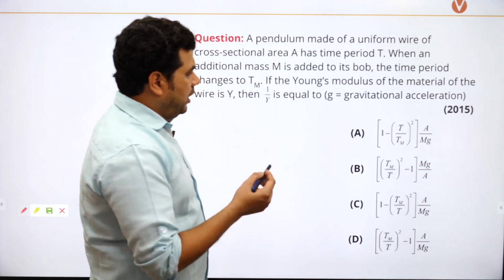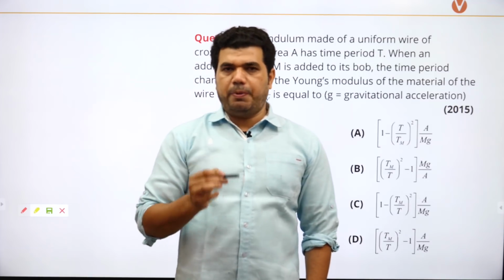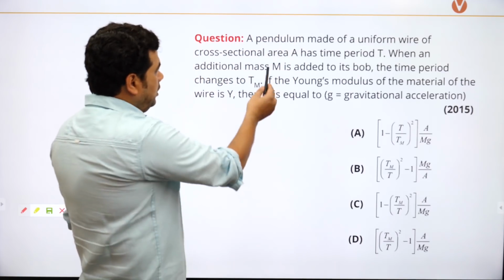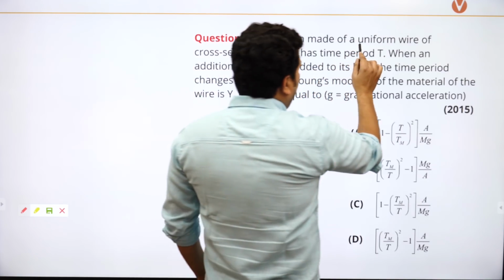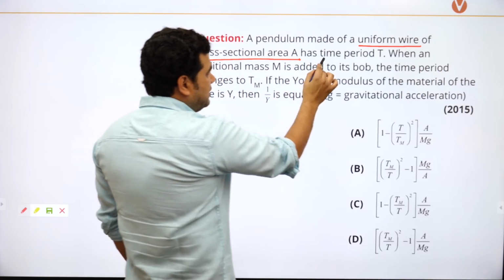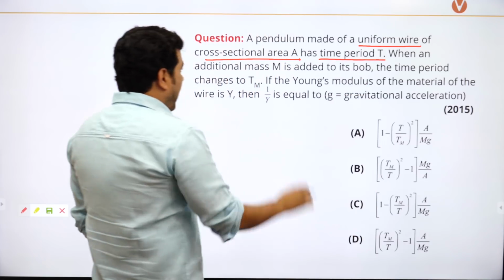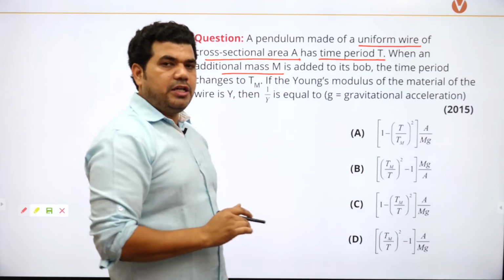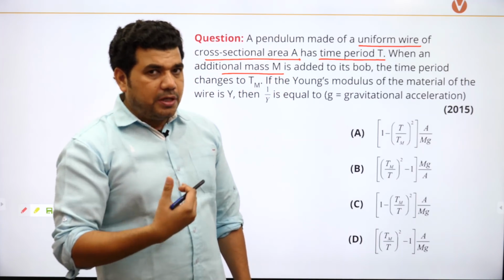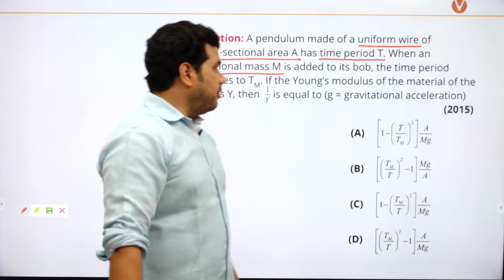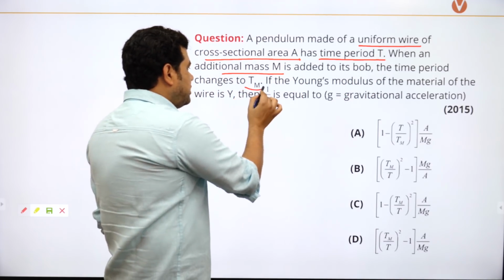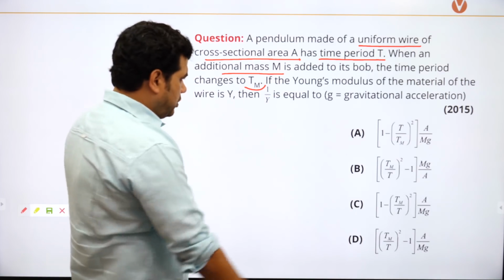So the formula for the time period is T is equal to 2 pi under root L by G. So let's see what changes here. A pendulum made of uniform wire, point to be noted, of cross-sectional area A has a time period T. When additional mass M is added to that bob, the time period will change. Before the time period was T, now the time period is Tm. So let's see what's the formula actually.